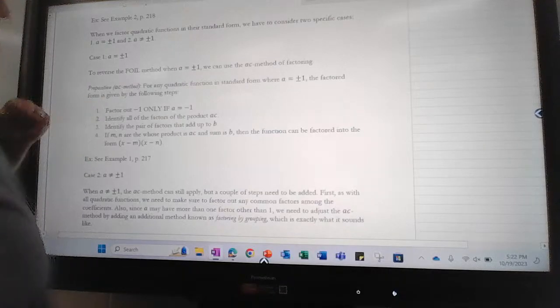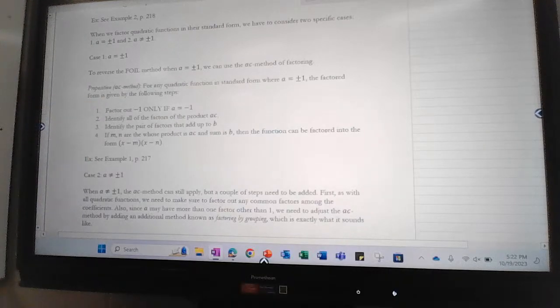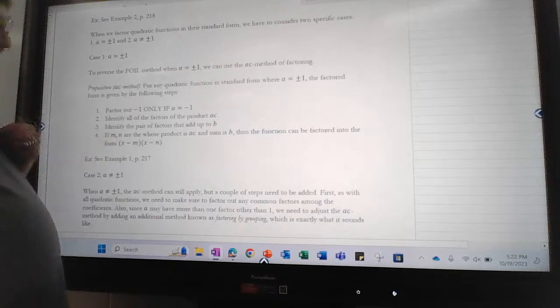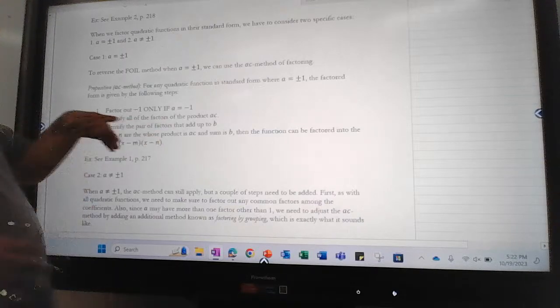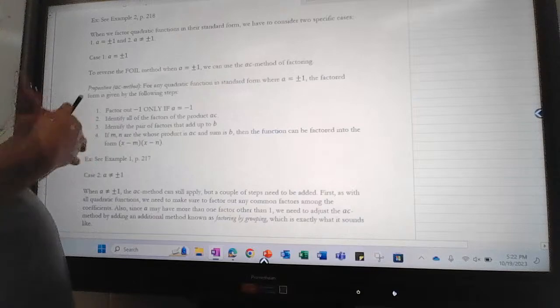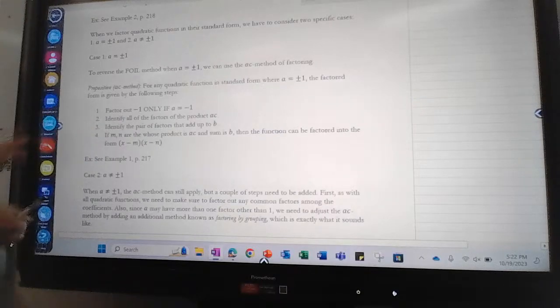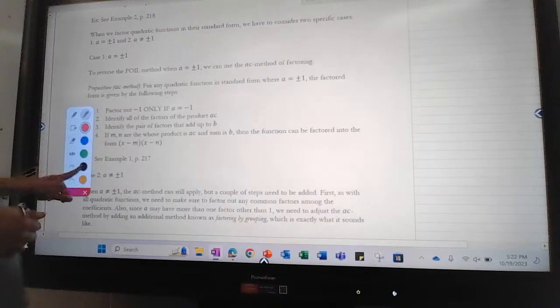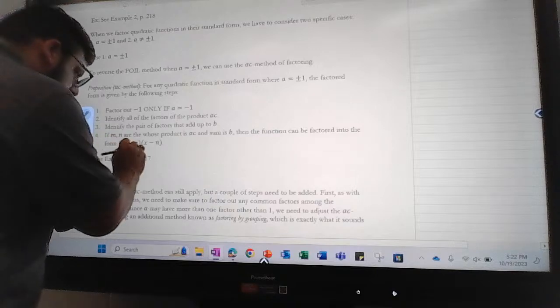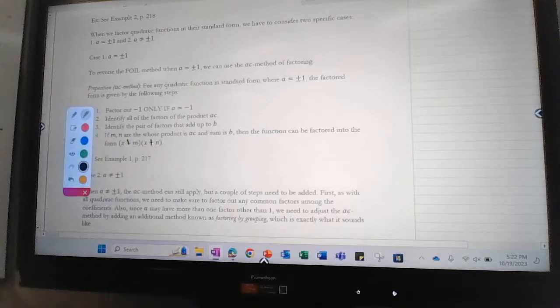So we want to identify the pair of factors that add up to b. Let's say my factors are m and n. If they multiply to give me whatever a times c is, and they add up to whatever b is, then it can be factored in this form. I made a mistake here, so I'm going to fix that right now: x plus m and x plus n.